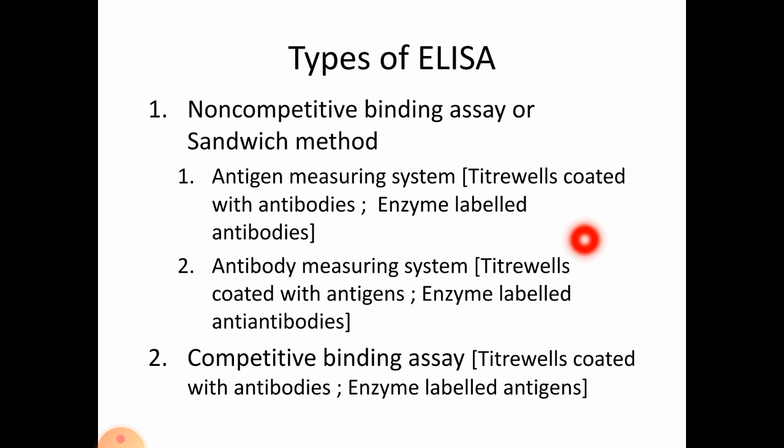Antigen measuring means the wells will be coated with antibodies and we will provide antigens. In antibody measuring, the well will be coated with antigens and enzyme labeled antibodies are provided. In competitive binding assays, the plate will be coated with antibodies and enzyme labeled antigens.